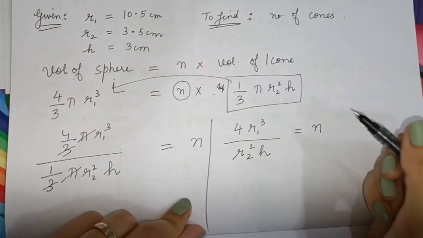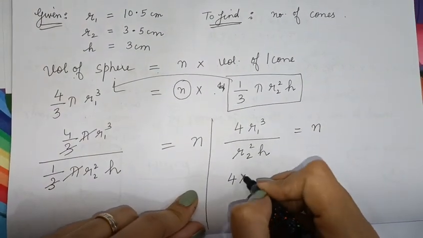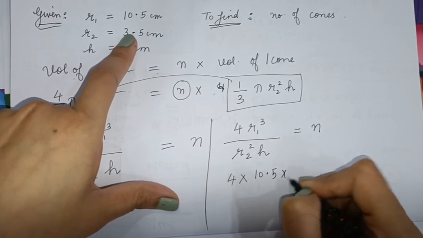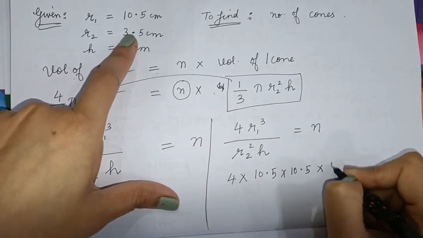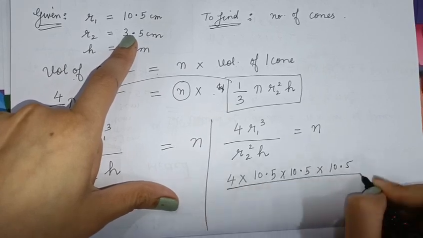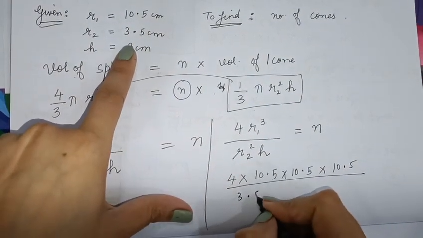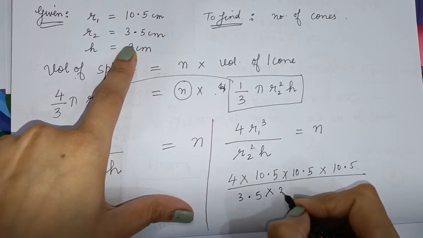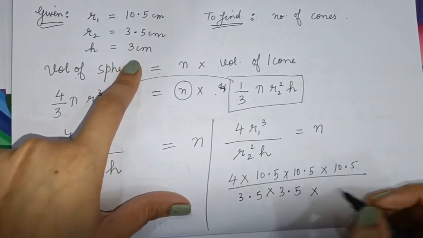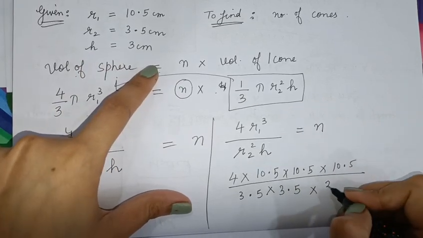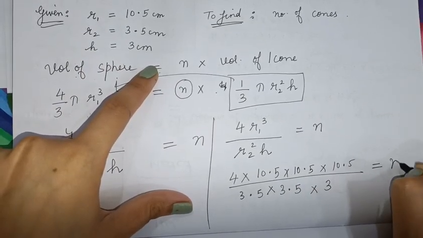Now let's substitute the values. 4 into R1, whose value is 10.5, so 10.5 into 10.5 into 10.5, because cube is there. R2 square, R2's value is 3.5, so 3.5 into 3.5, and height h is equal to 3.